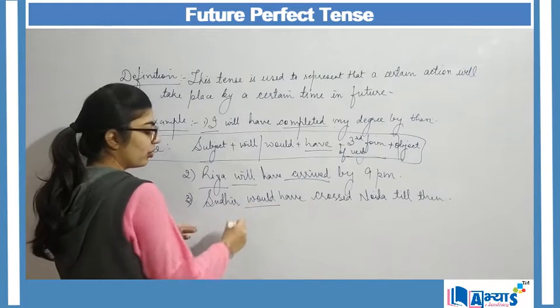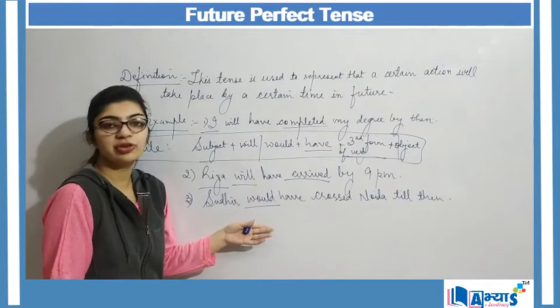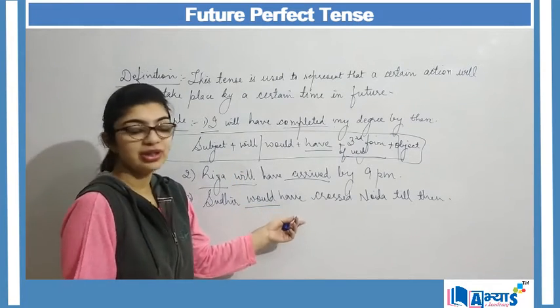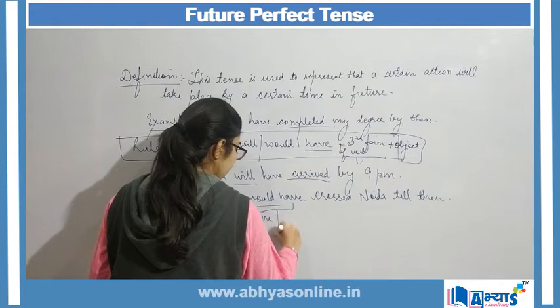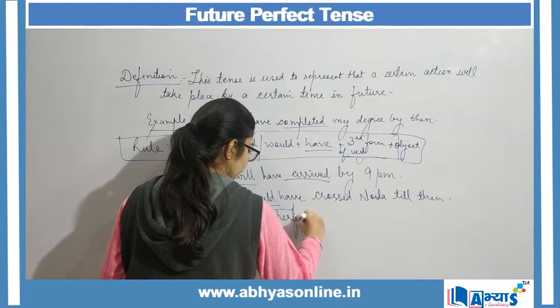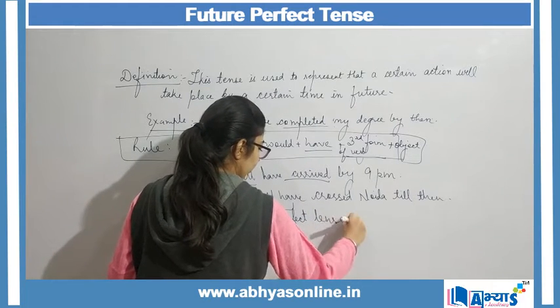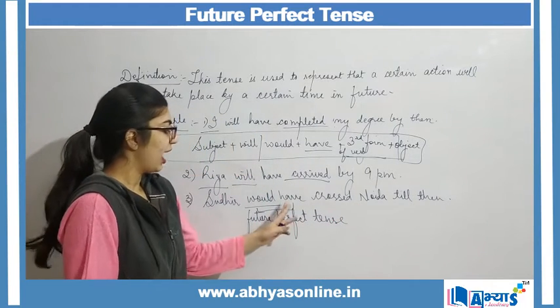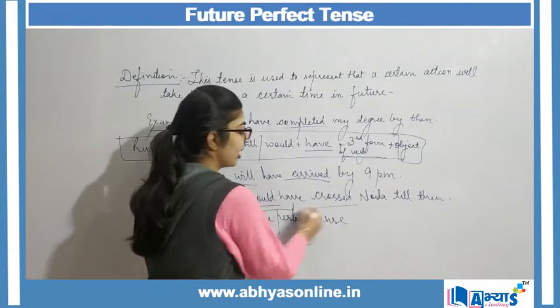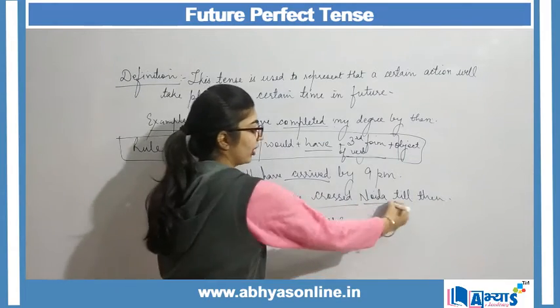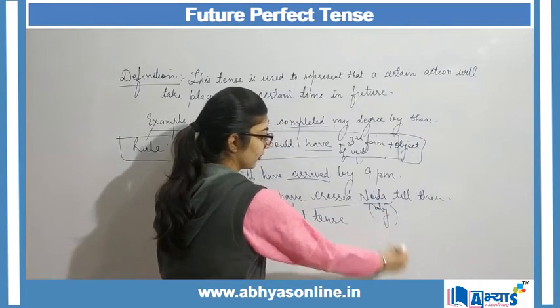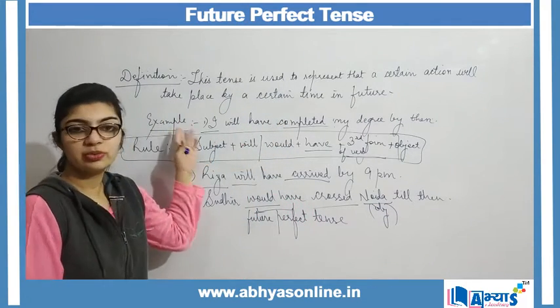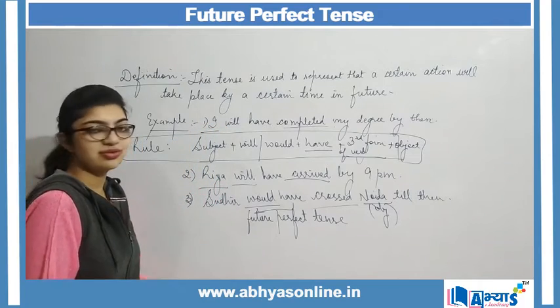Now, out of will or would, here I have used would, plus have, this indicates my future perfect tense. So my future perfect tense is clear. Have crossed is my third form of verb, and Noida over here is my object. So I hope that future perfect tense is clear through these three sentences.